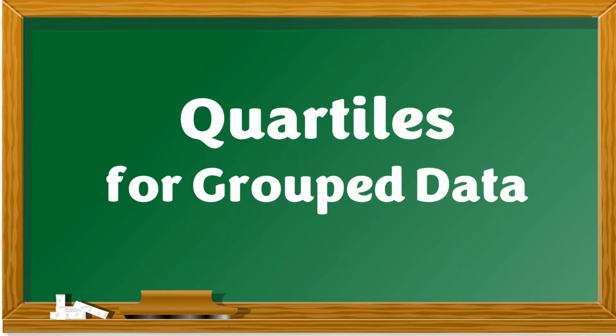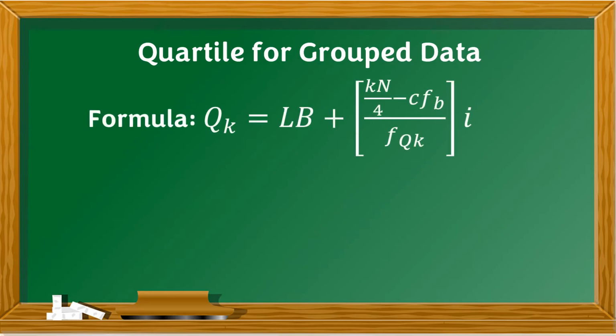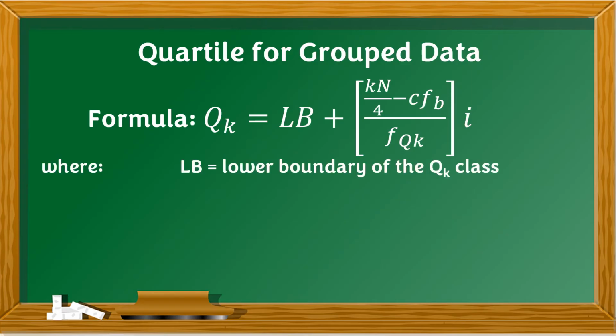Let us discuss now quartiles for grouped data. The formula for quartile for grouped data is Q sub K is equal to LB plus the quantity of Kn over 4 minus CF sub B all over F sub QK, times I. Wherein LB is the lower boundary of the Q sub K class or the quartile class.